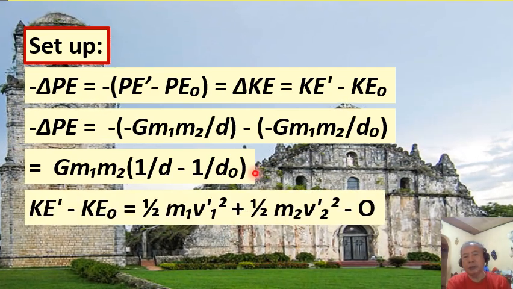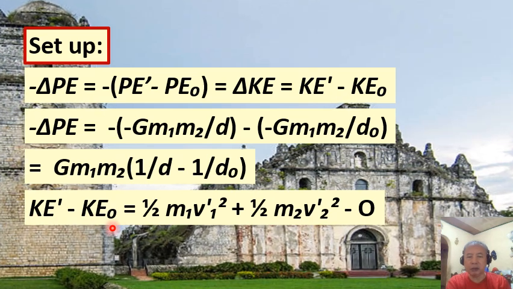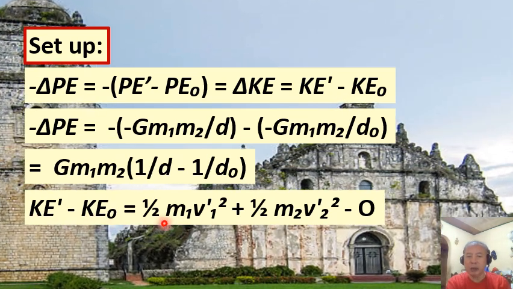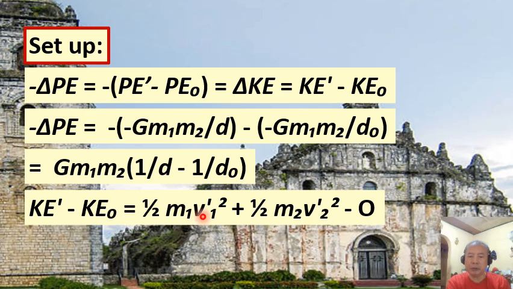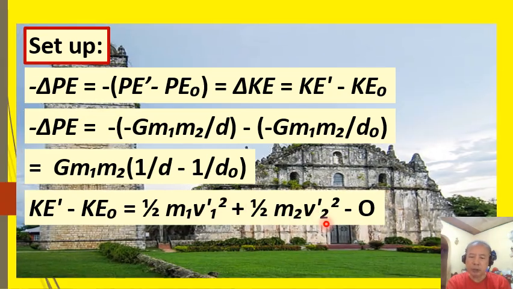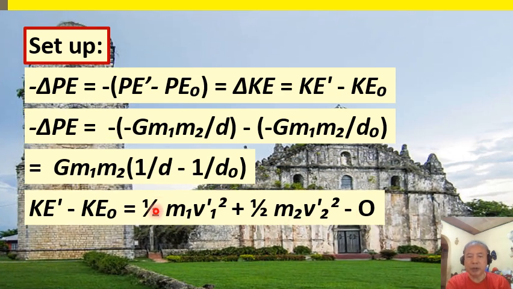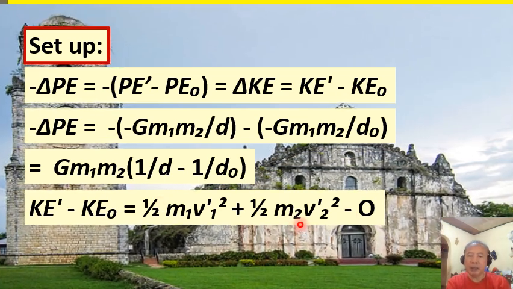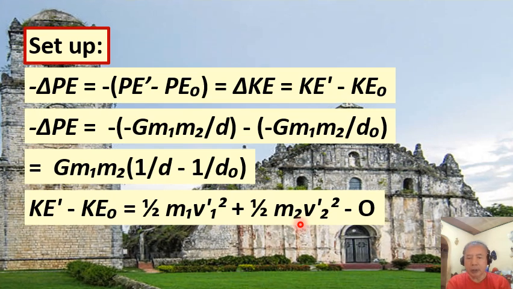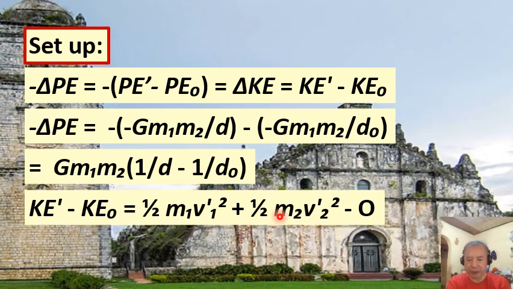And in the case of delta KE, or KE prime minus KE naught, that can be expressed as 1 half the mass M1 times v prime 1 squared plus 1 half M2 v prime 2 squared. The sum of these two terms represents the sum of the final kinetic energy of the two spheres.